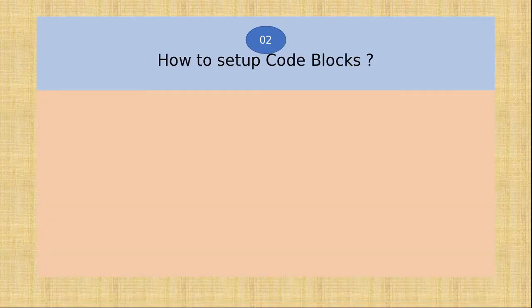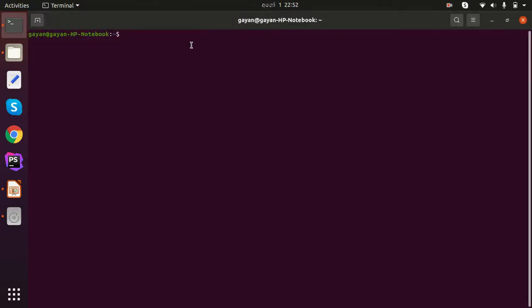Okay guys, our next topic is how to set up Code Blocks on your PC. In this case, my operating system is Linux. Don't worry about that, because operating system dependence applies only to the download and install part. Okay, not to take much time, we can move to the Code Blocks download step. First open your terminal, next, enter the following command in your terminal, sudo apt update.